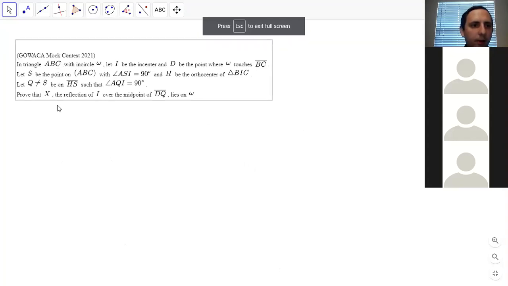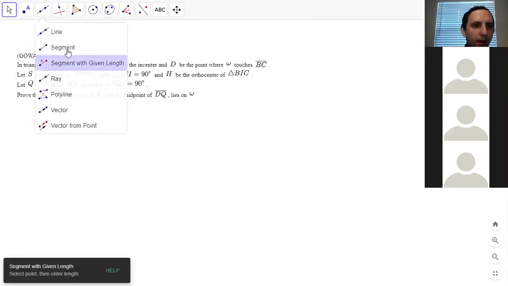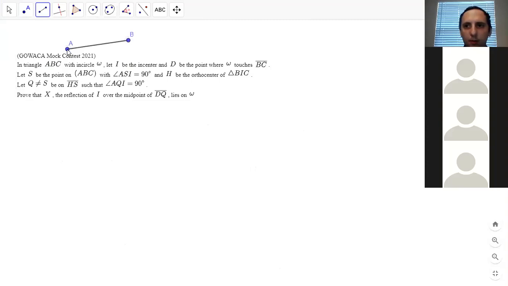So we have a triangle ABC within circle omega. I is the incenter and D is the tangency point with BC.